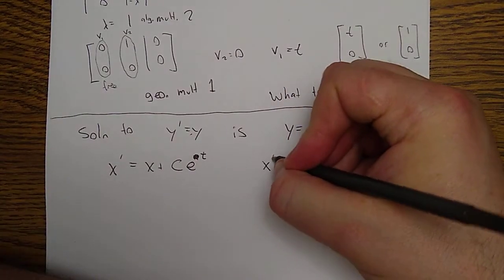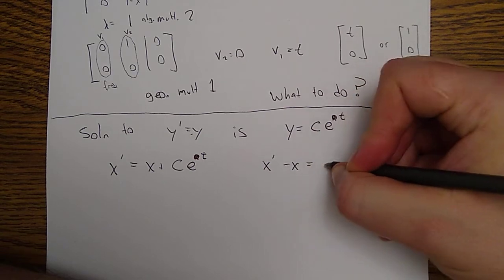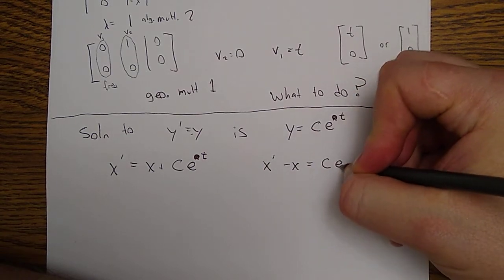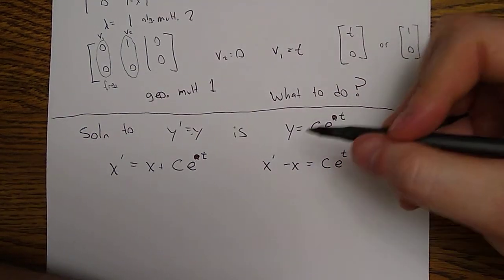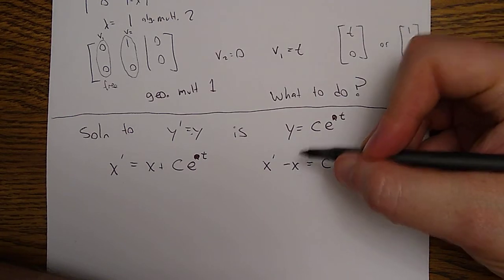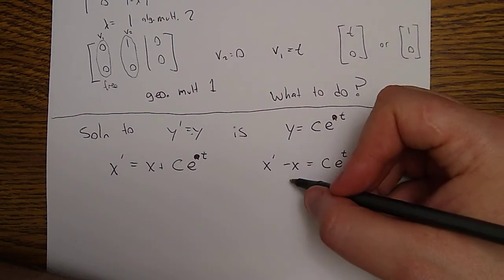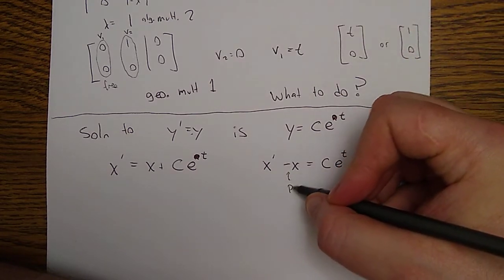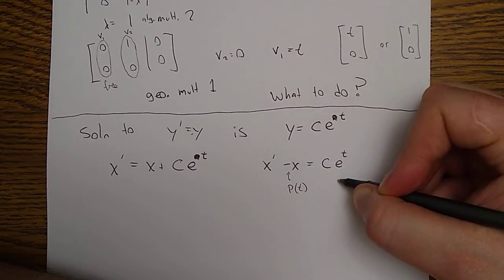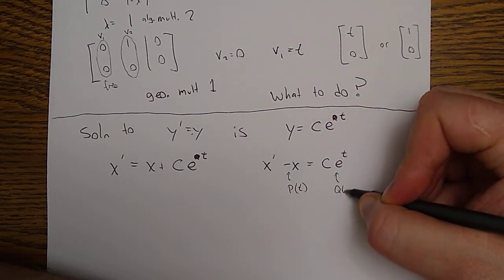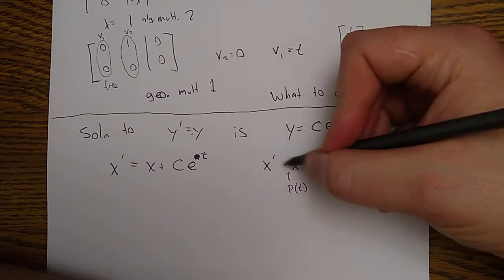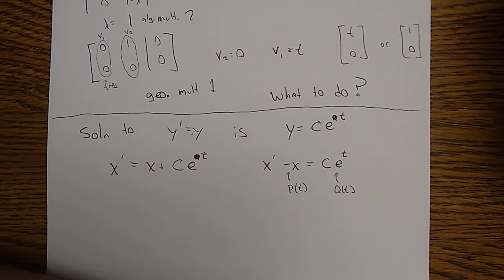It's like x prime minus x equals c e to the t, and if you remember, we have our p of t and our q of t, and there's going to be an integrating factor.